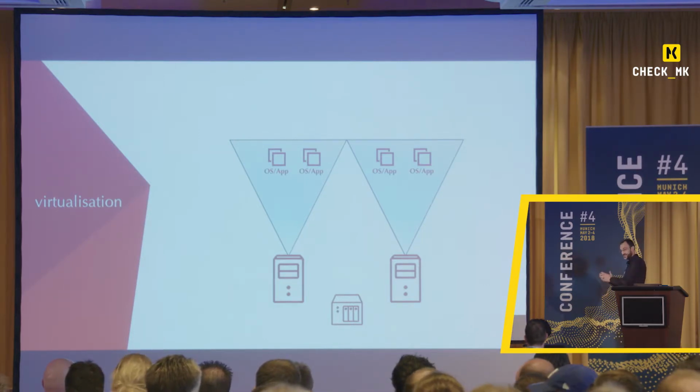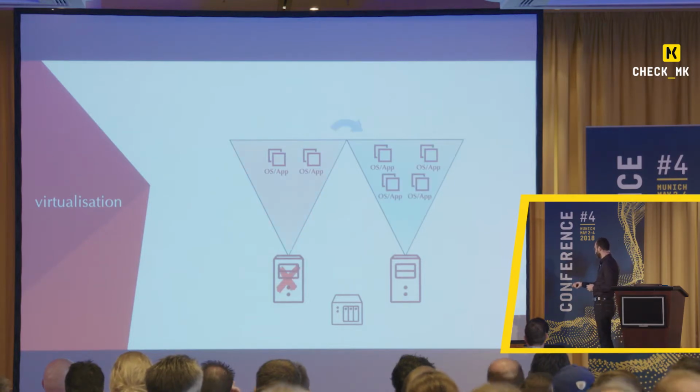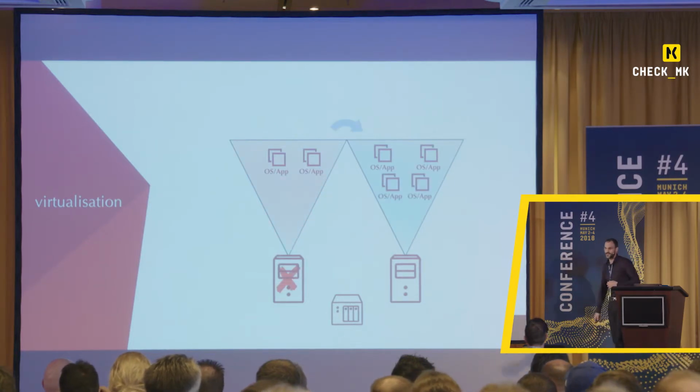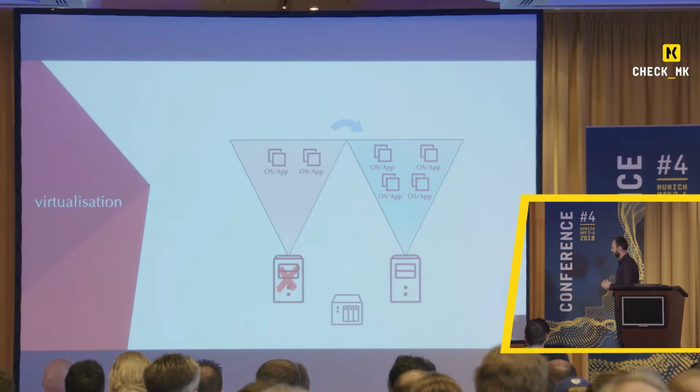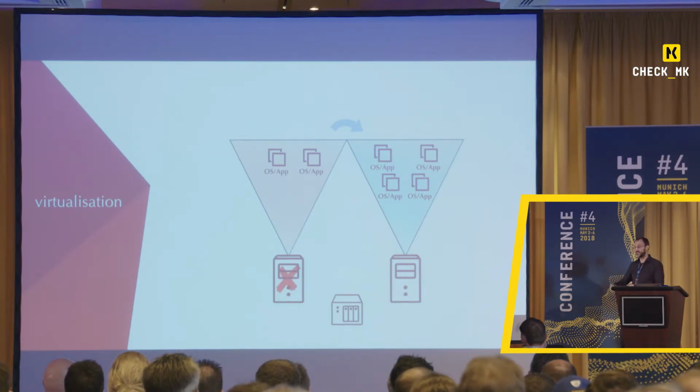Now, the secret sauce here is this little shared storage. This is what we call a central backing store for the virtual machines. And all that it does is it stores the actual data files from your virtual machine. The memory and the state run on each of the hypervisors.